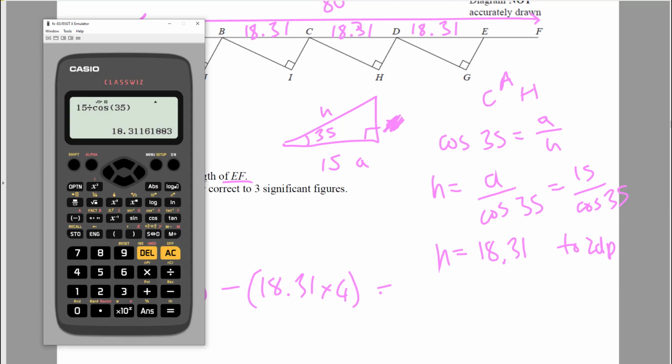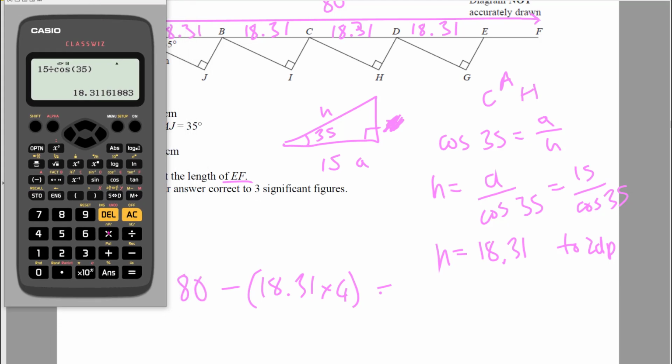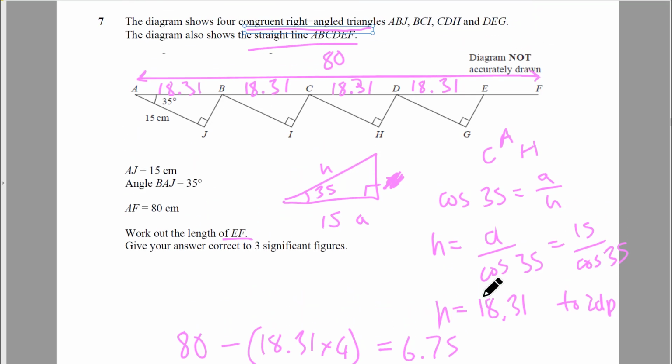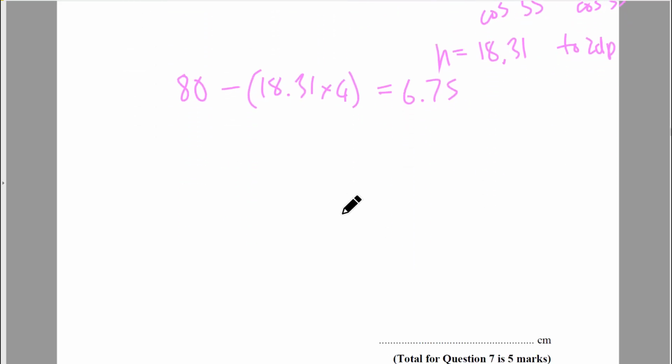Now, just because I want to be super accurate, I can still use a number in my calculator. So I'm going to times that by 4. And then I'm going to do 80 minus my last answer. That's going to give me 6.75. That's the three significant figures, so it's 6.75 centimetres for 5 marks.